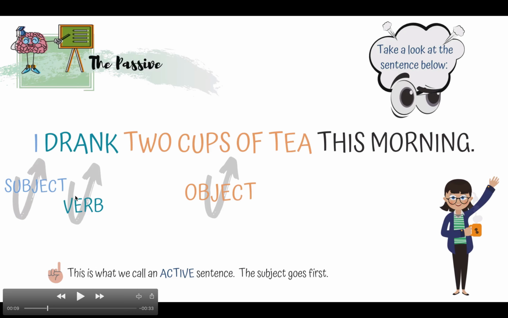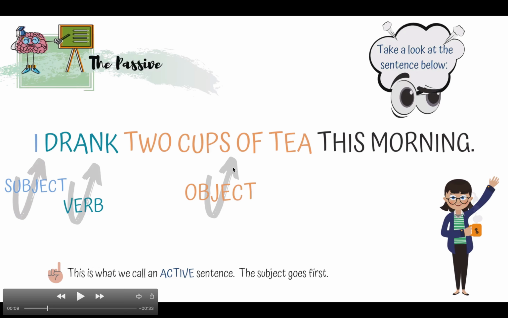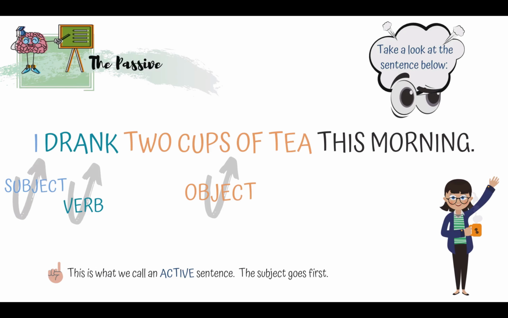We have our verb, which in this case is drank, which is the past simple of the verb to drink. And then we have our object, which is 2 cups of tea this morning. Okay? So this is an active sentence because the subject is what we put first at the beginning of our sentence.